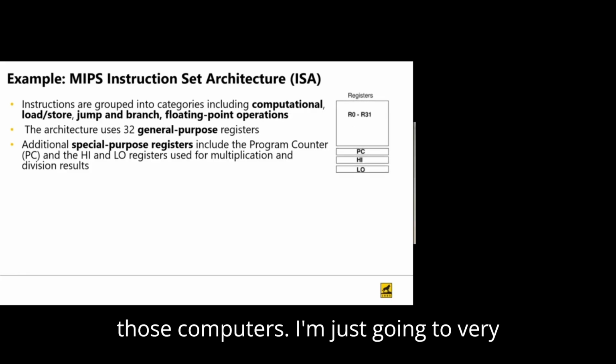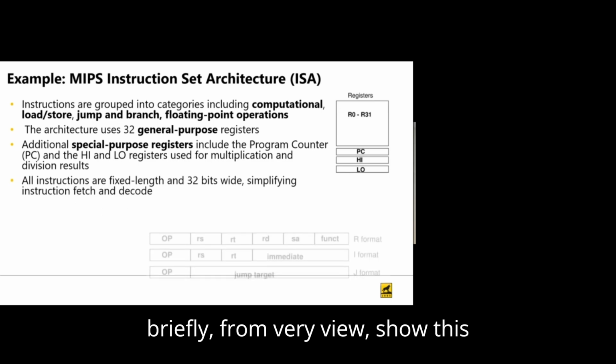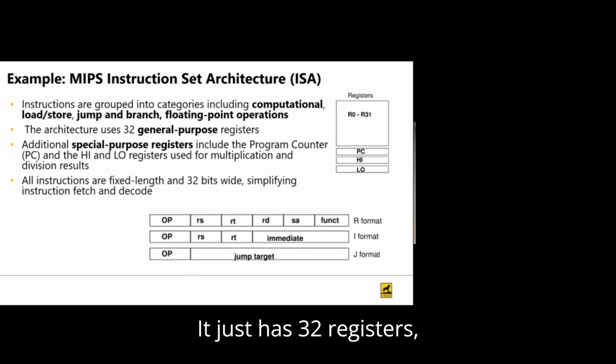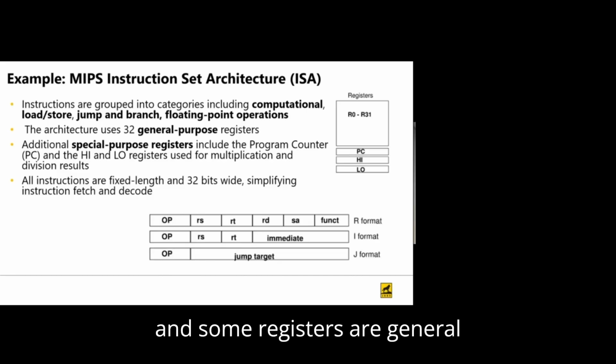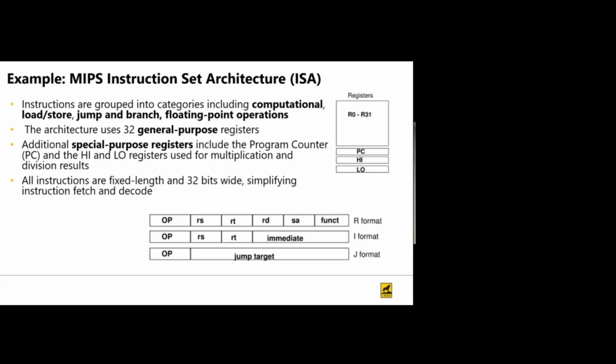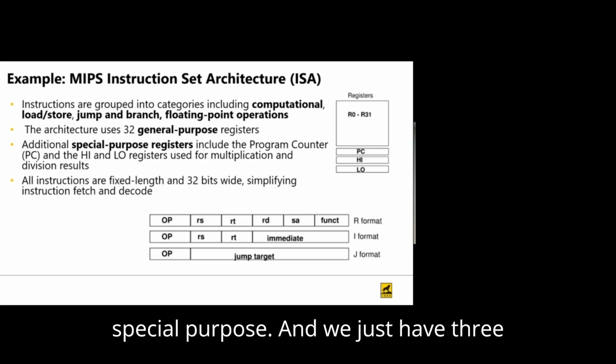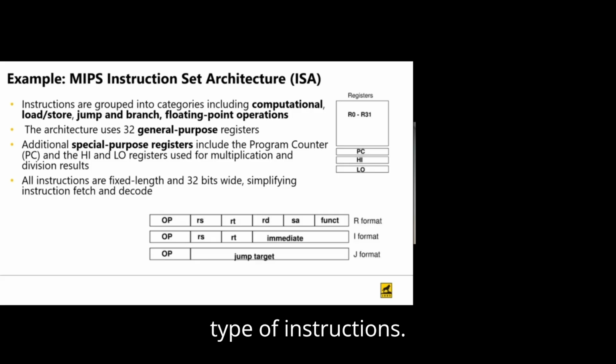I'm just going to very briefly, from a very top view, show this computer. This computer is so small. It just has 32 registers. Some registers are general purpose. Some of them are special purpose. And we just have 3 types of instructions.